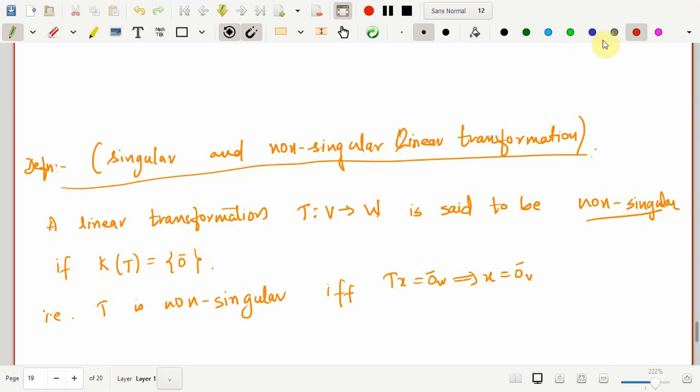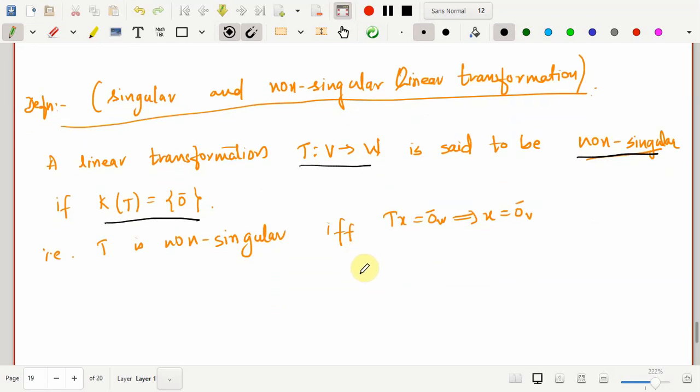So let's try to understand the definition of a non-singular linear transformation. A linear transformation T from V to W is said to be non-singular if the kernel of T is the singleton zero. What does this mean? The only element that maps to 0 is 0. No other element would map to 0 if T is non-singular. When exactly do we say that the kernel of T is a singleton zero set?